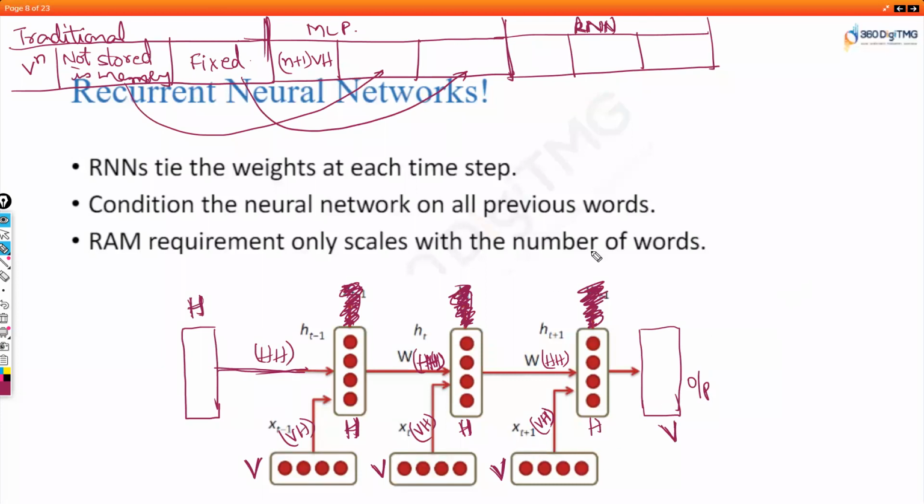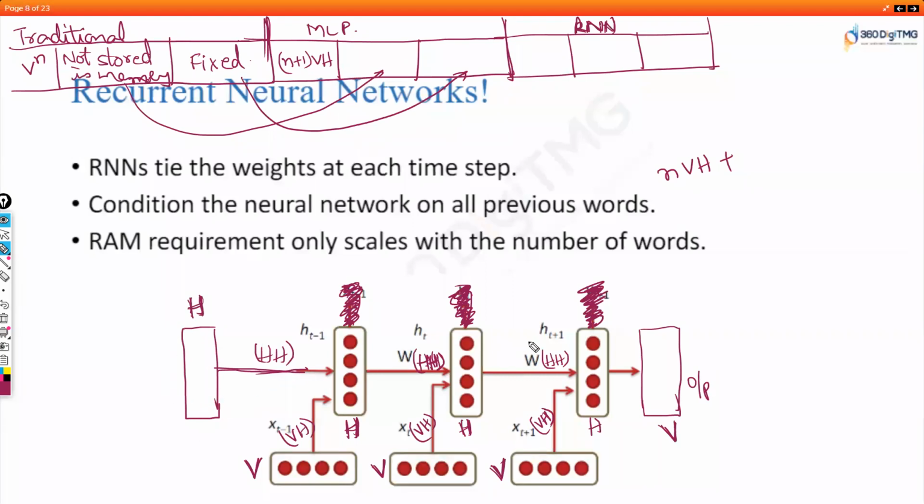Now let's count how many weights a model is learning. Here you have V into H, V into H, V into H. If you have 3 words, you'll have 3 VH. If you have N words, you'll have N into VH, plus H into H weights. If you have 3, then you'll have 3 HH, because the first one is anyway a dummy, all zeros.